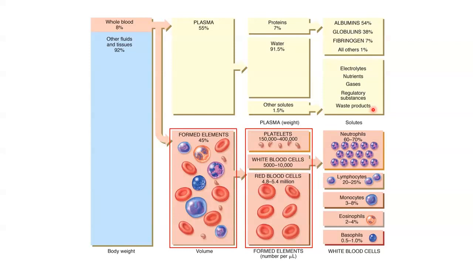White blood cells, or leukocytes, protect the body from invading pathogens or foreign substances, and there are several types, including neutrophils, lymphocytes, monocytes, eosinophils, and basophils. Platelets are fragments of large cells that do not have a nucleus. Among a few other actions, they release chemicals that promote blood clotting when blood vessels are damaged.